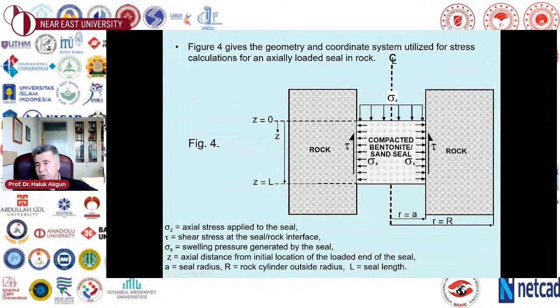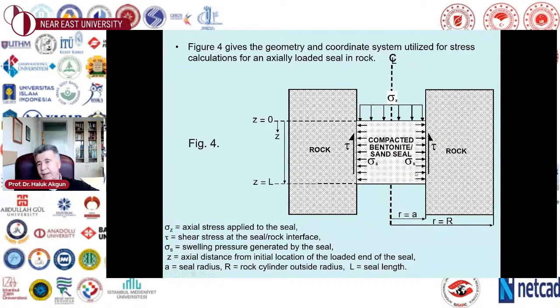And we have an axial stress applied to this compacted bentonite sand seal. And like I said before, this might be due to a water column on top of the seal. This might be due to thermal effects, because we're going to have an increase in temperature after the waste is emplaced and after the seal is emplaced. The seal, if it's a cementitious kind of seal, produces temperatures up to 66, 70 degrees Celsius.